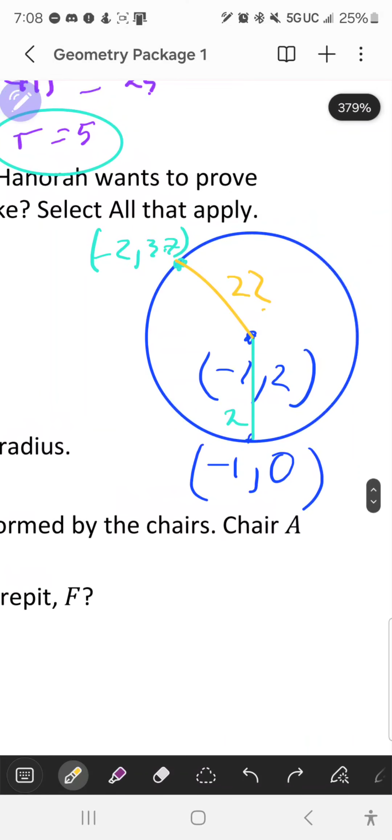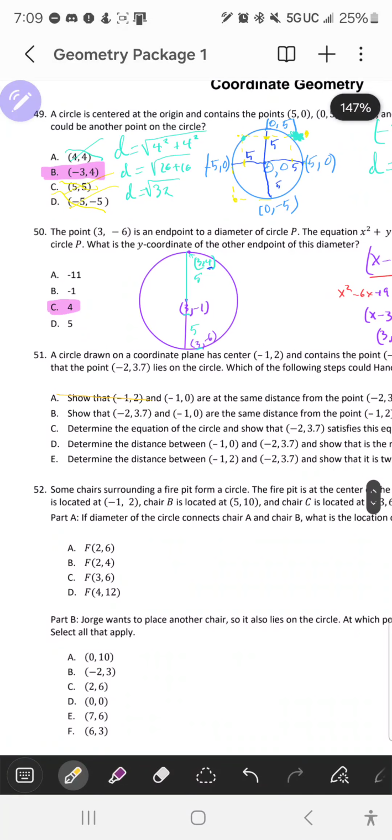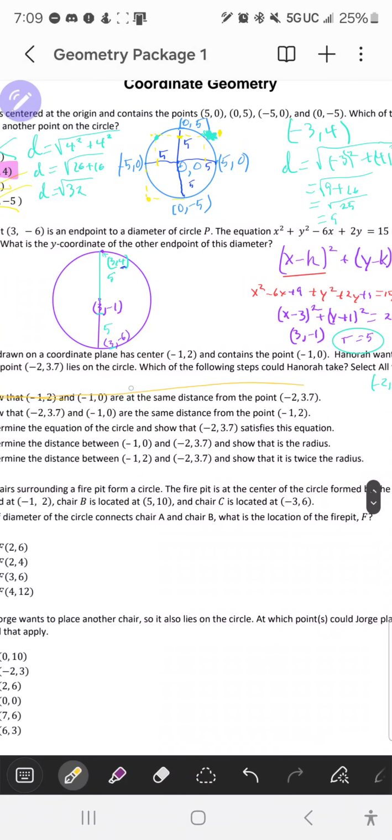As you can see, I'm drawing this, and this is -1, this must be over here, -2. And then if this is 2, this over here must be 3.7. So I'm drawing it to scale basically. As you can see, there is no way that it is the same distance from here to here as from here to here. So it just doesn't make sense at all. And this is not our answer.